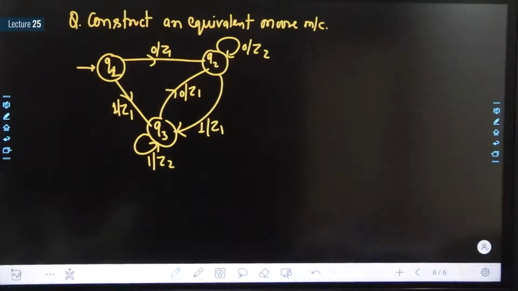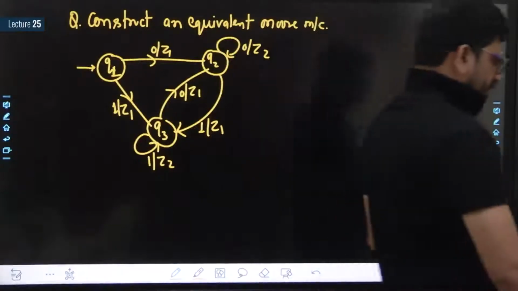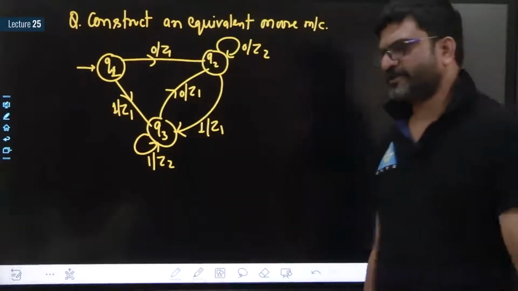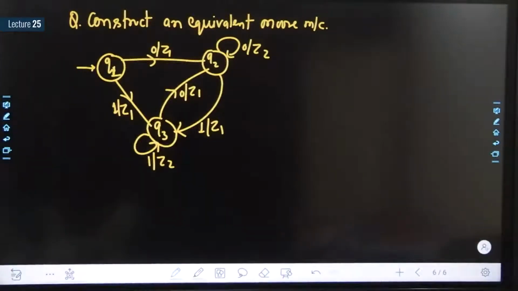Please try to do this question. First, make the transition table for this. After that, convert it into a Moore machine.